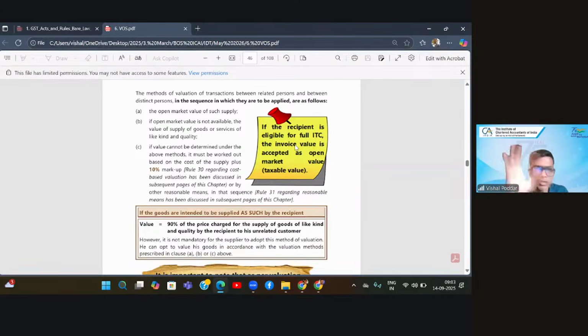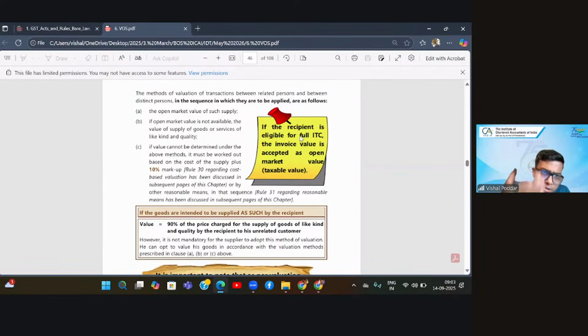So you can say this is the first exception to this whole rule. It says that you forget all this ABC. Value is what you are going to charge in your invoice. Whatever you charge in your invoice, we will assume that to be the open market value and we will accept that as taxable value. But the condition is that my recipient is one where the ITC is not blocked.